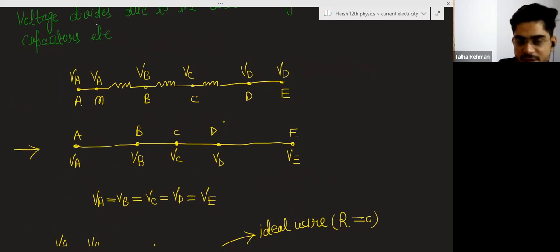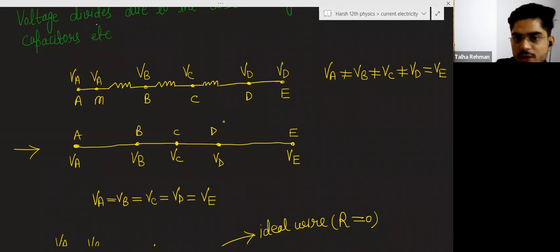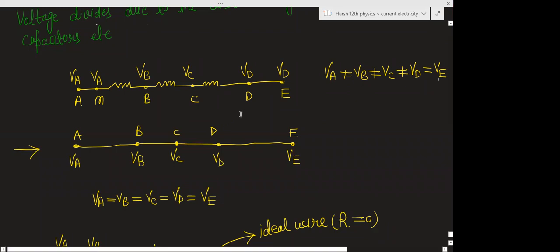Here resistances are connected. That is why you can say VA is not equal to VB, VB is not equal to VC, and VC is not equal to VD, but VD is equal to VE, because when you are moving from here to here, there is no resistance in the path.